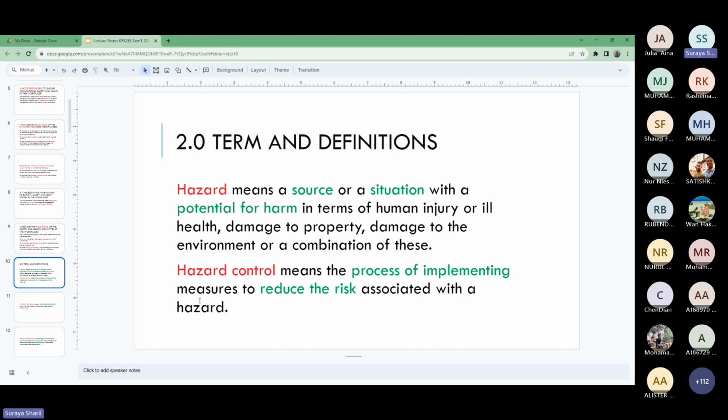And after we itemized each of the possible hazards, we needed to suggest the best way to reduce the problem from the hazard.